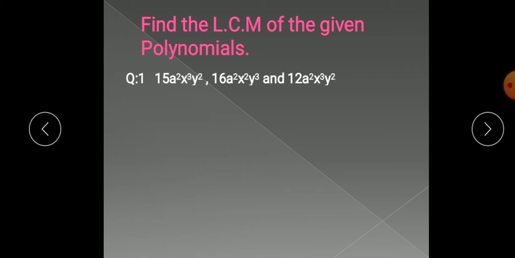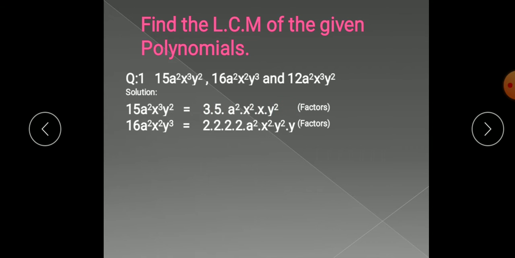First of all we will find the factors of all these polynomials, as we have already done in finding the highest common factor. The very first polynomial is 15a square x cube y square, and I have written down its factor form.